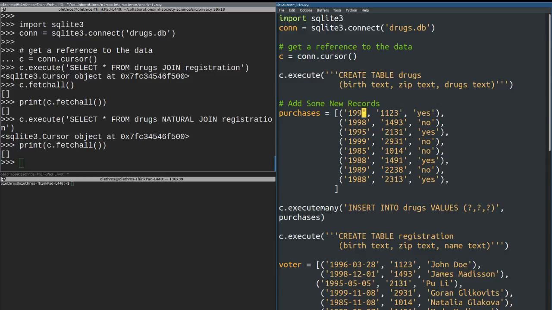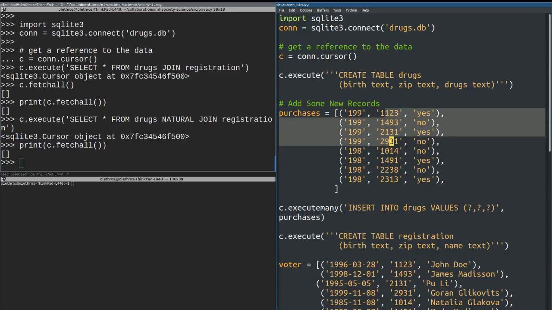If I remove this part, and also this, so just know the first 3 digits, and then I remove these as well.